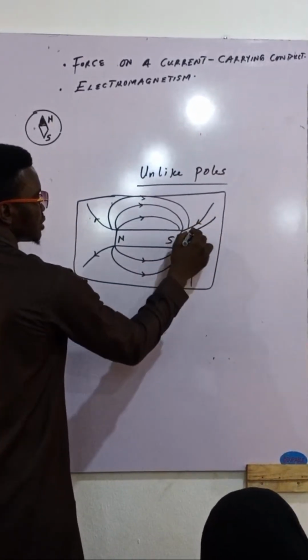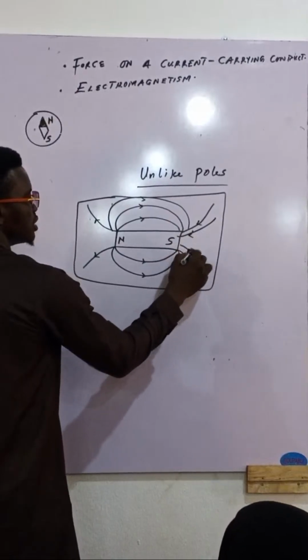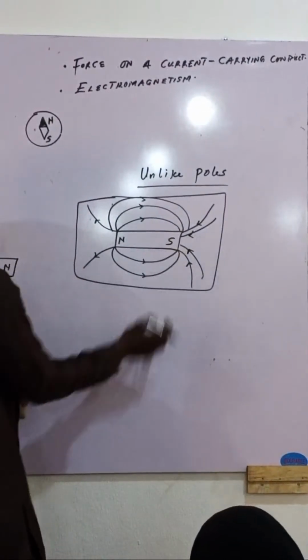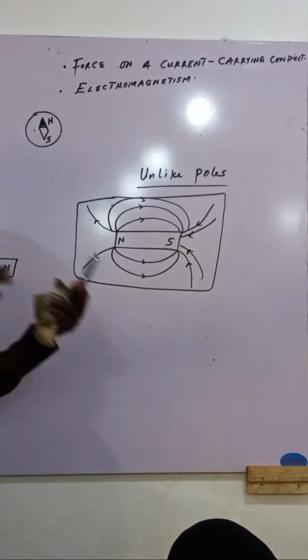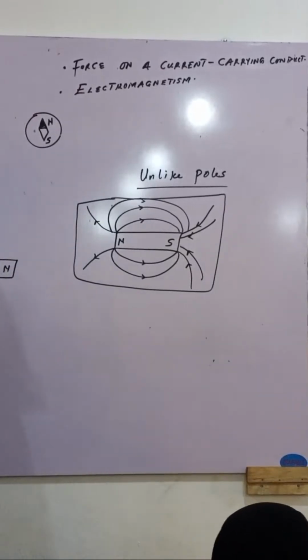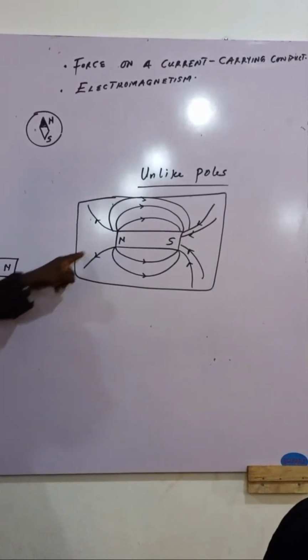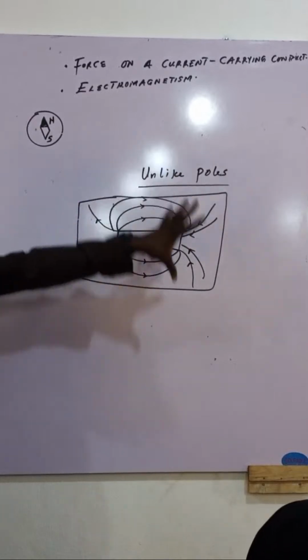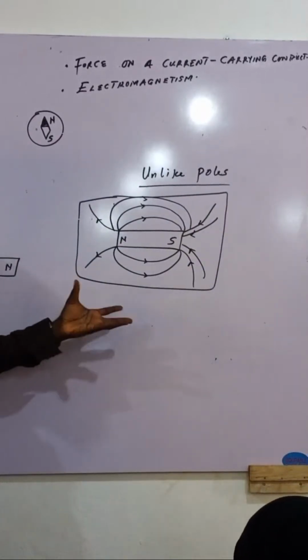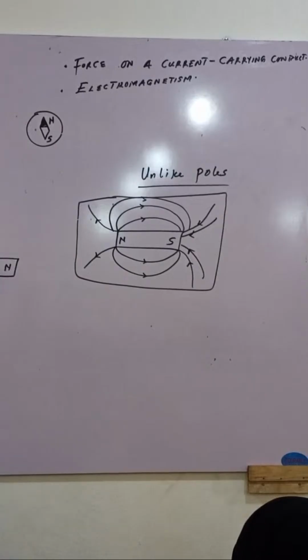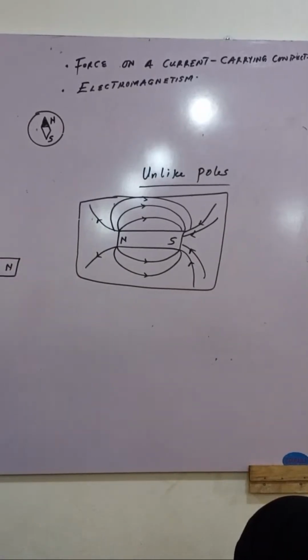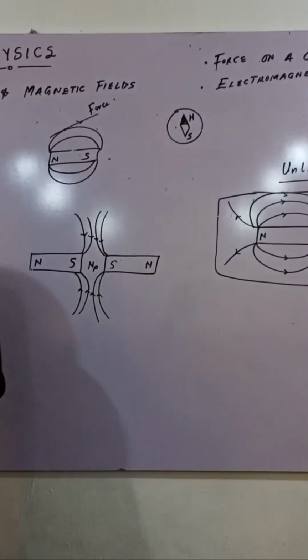Sure, you understand? But we cannot be drawing a whole lot. Because there is nothing repelling, everything is leaving north and they are going into south. So as they are leaving north, they can leave here, here, here. So they will occupy everywhere. Do you understand that? But here now, they are repelling. And that's why that space was left for it.